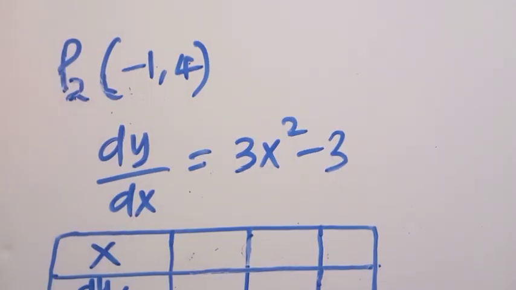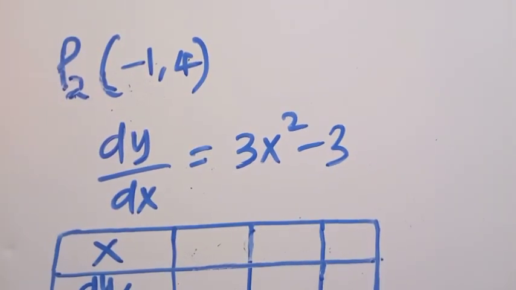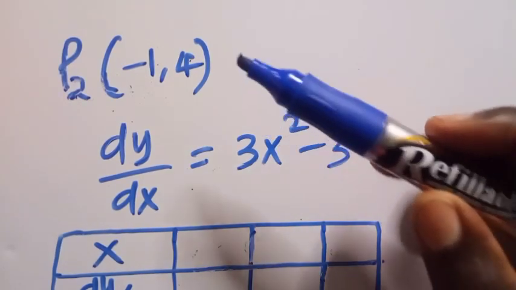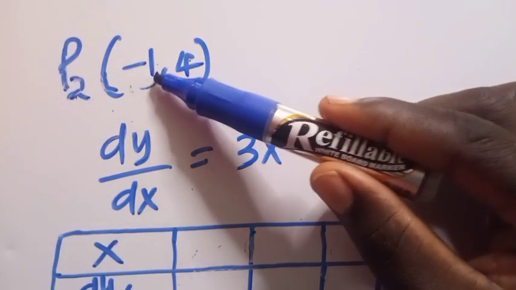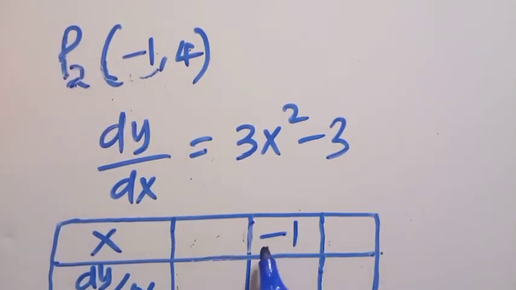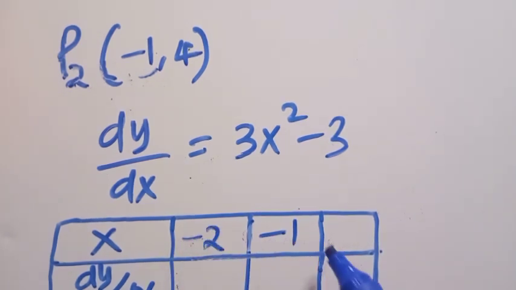Now, let us have a look at the second point and determine whether it is a maximum, a minimum, or a point of inflection. Now, we shall take this negative 1 and put it at the center here, so that a value to the left of negative 1 is negative 2. Then a value to the right is 0.